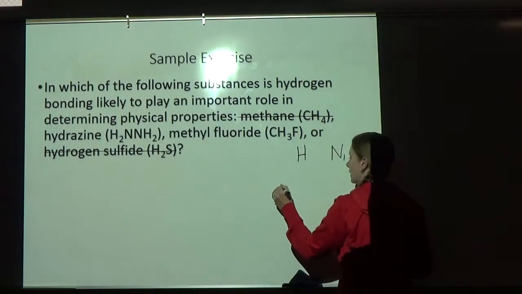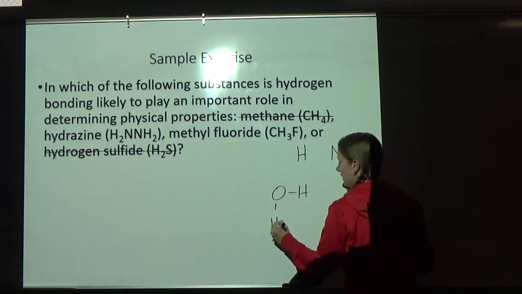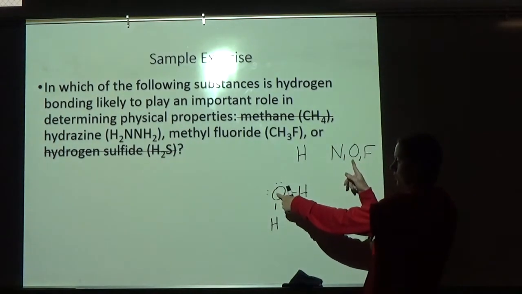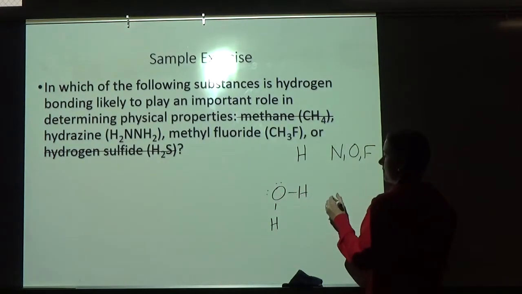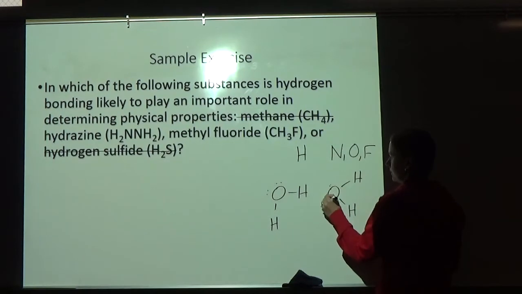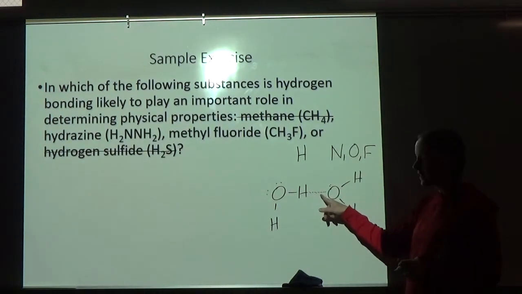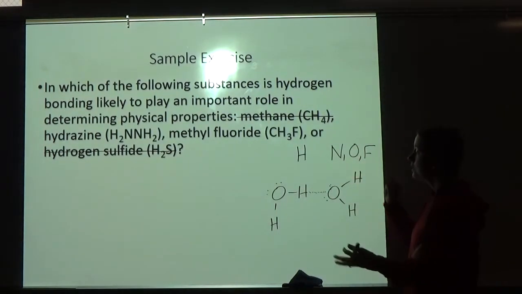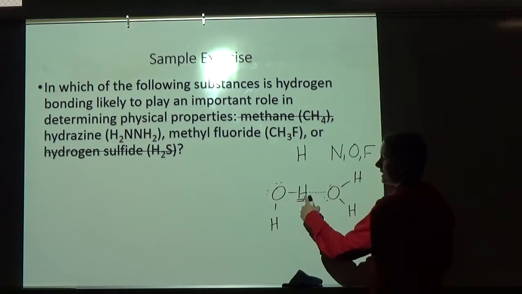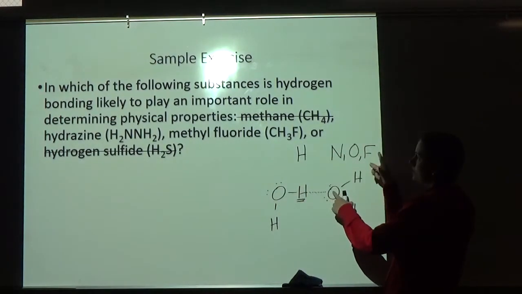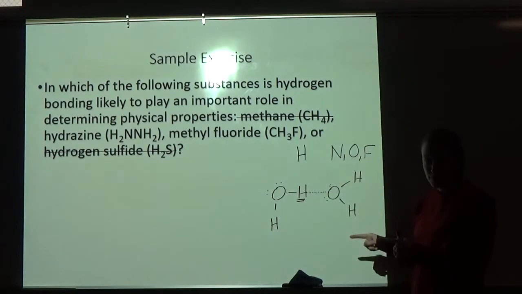In water, the H itself is bonded to the O. See how it's actually bonded. Hydrogen bonding is normally drawn as a dotted line. It's attracted to the O in the other molecule. So in the molecule that the H is in, it must be attached to one of these, and then it must be attracted to one of these in a different molecule.